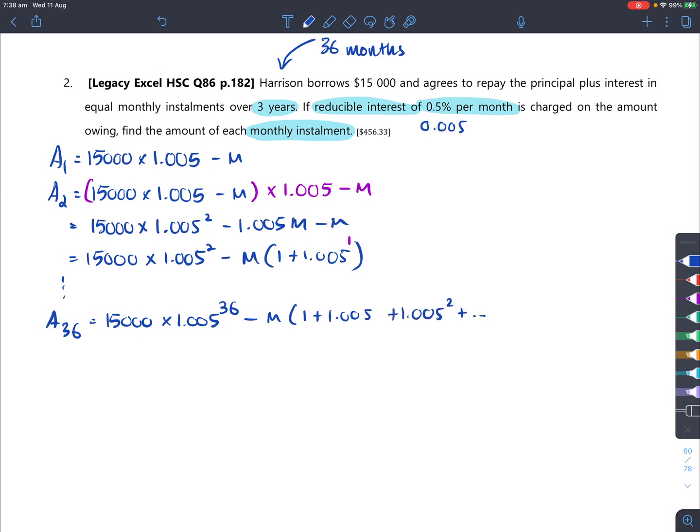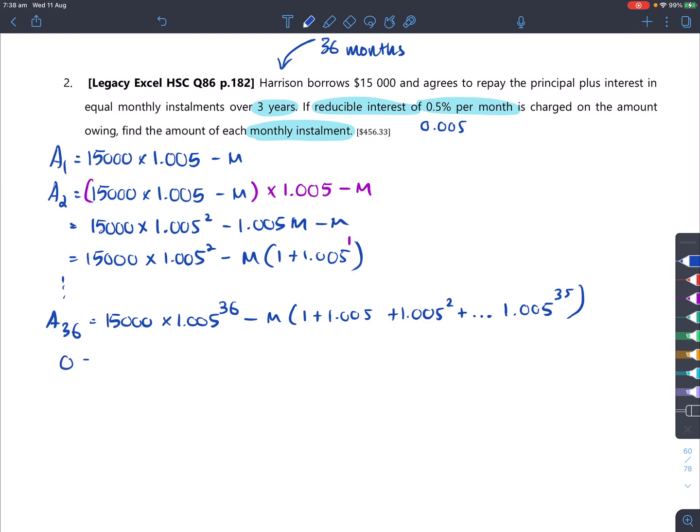Until the last term is 1.005, but to the power of 35. Okay? Then, you know that A36 is going to equal to 0, right?